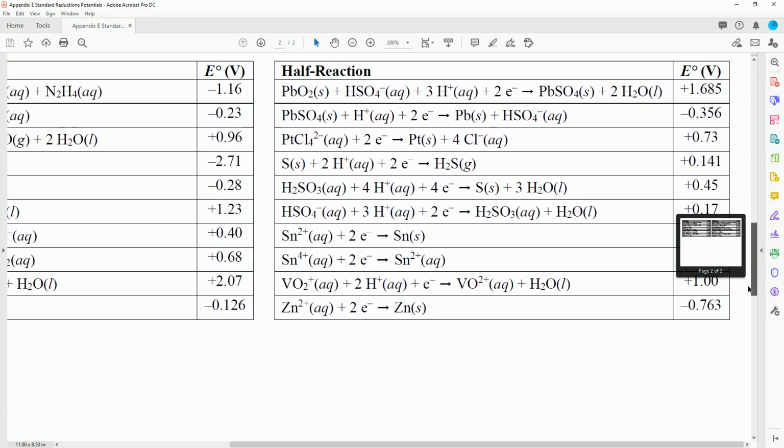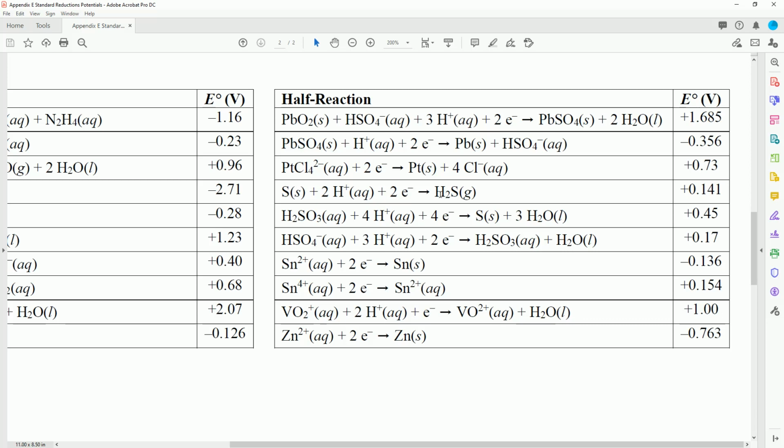I think we're going to have to come down here. There is H2S on the right side, so positive 0.141 volts. So 0.141 volts.